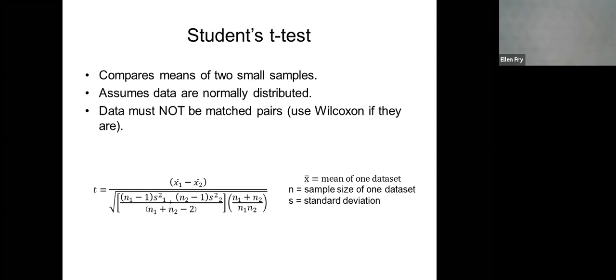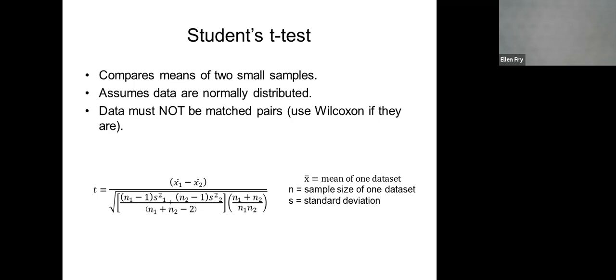So remember, we have two data sets we're comparing, 2 samples, and so we have sample 1 and sample 2, and that's all that means. On the top, we have the mean of dataset 1 minus the mean of dataset 2. We do everything in the brackets first, then solve the square root, and then the final division.